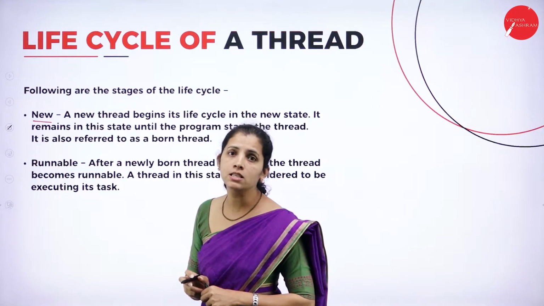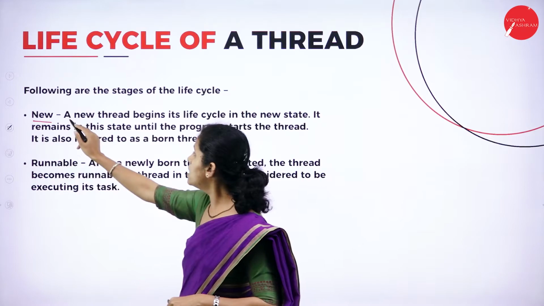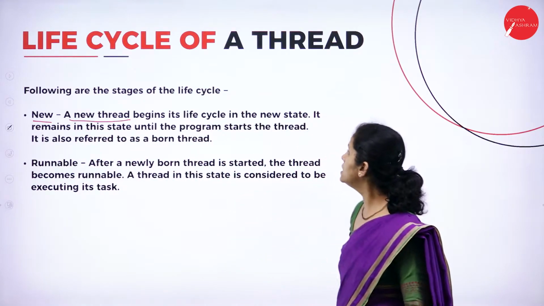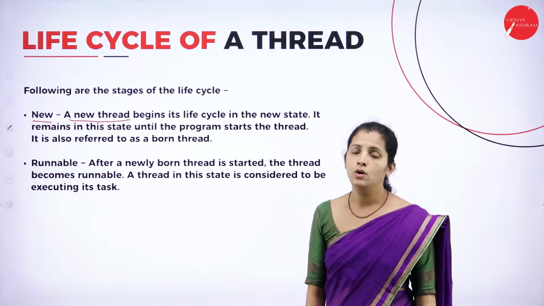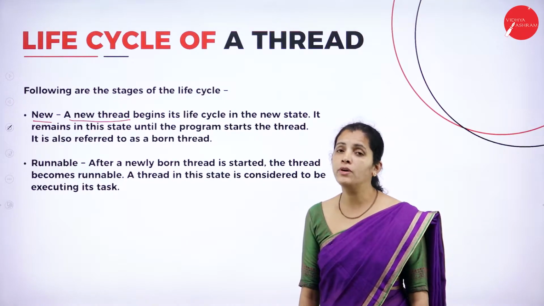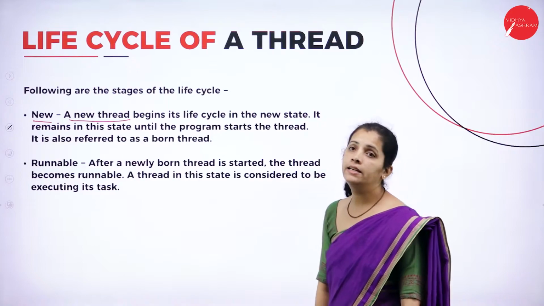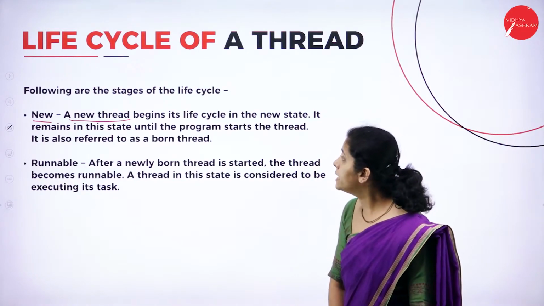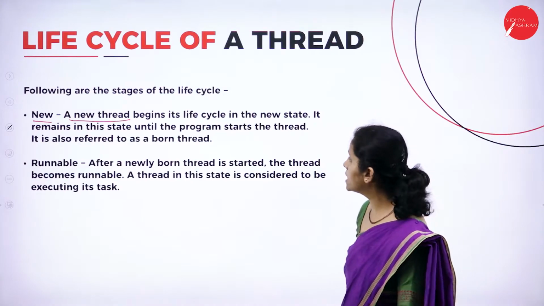So what is this new? A new thread begins its life cycle in the new state. When I call the new function, it indicates that the thread is going to begin its life cycle.